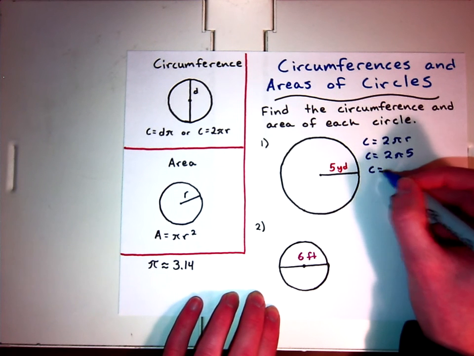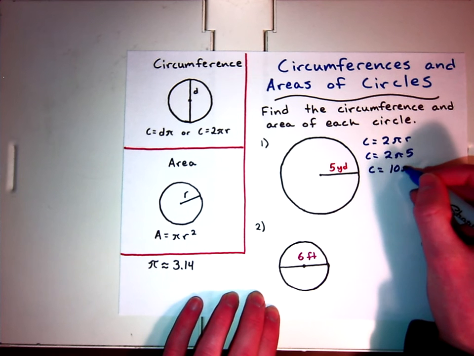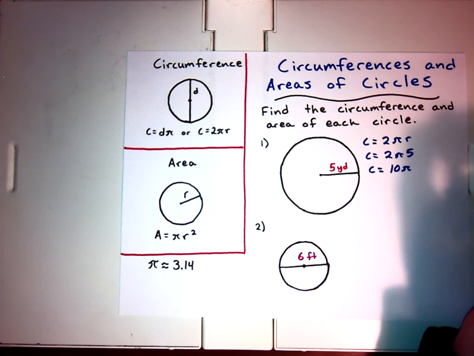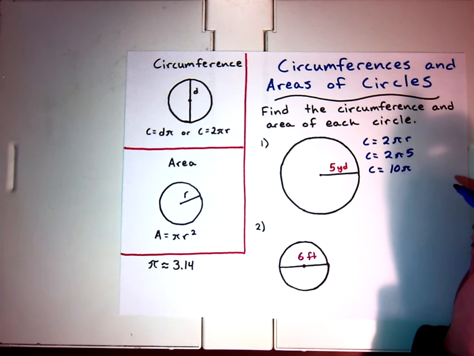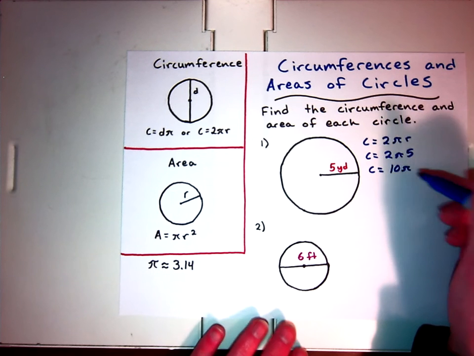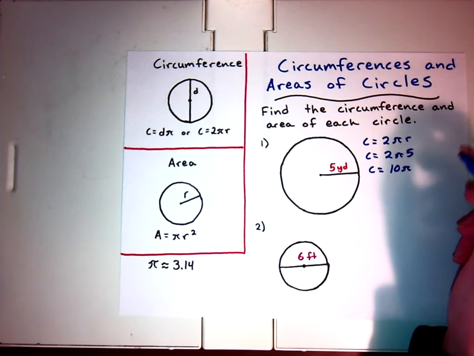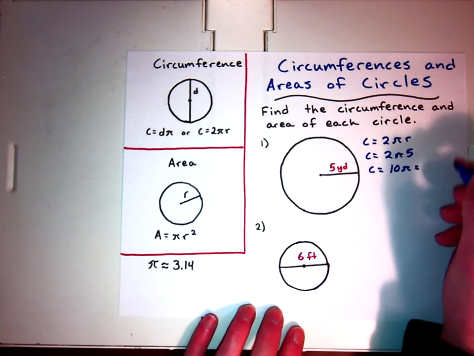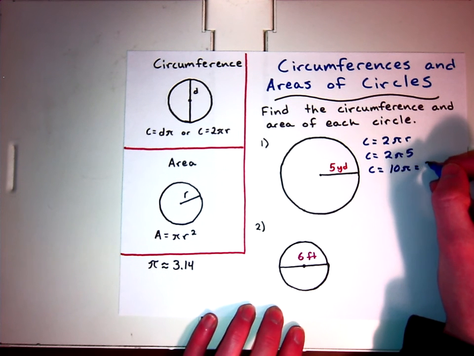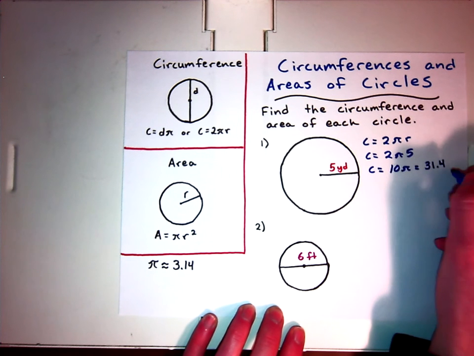I could get 10. Maybe some teachers will ask you to leave it as 10 pi. Some will have you multiply it out. If we have to multiply it out, it's going to be 31.4, and then what's it in? Yards.